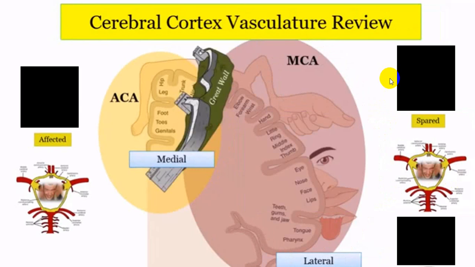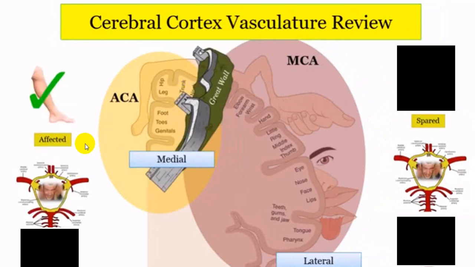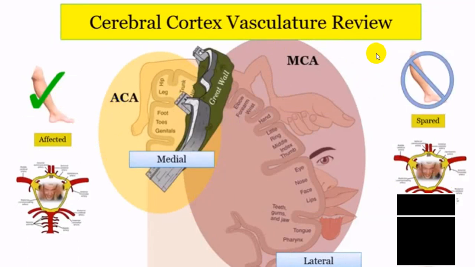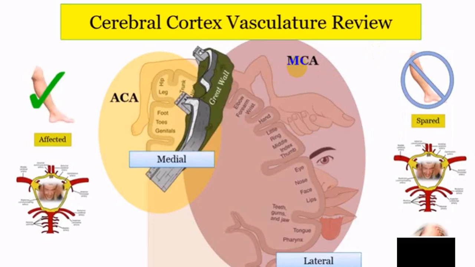Now, if we get leg affected, anterior cerebral artery, but if leg is spared, it is more in favor of middle cerebral artery. And you will have face and arm involved. That will be very typical in MCA territory.